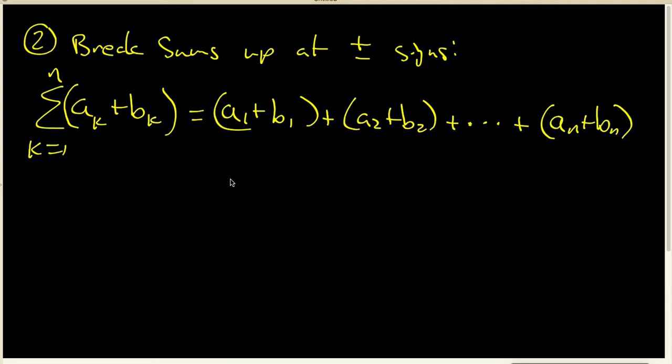Now, addition is both commutative and associative in the real numbers, so I can gather up all of the a's first, and then I can gather up all of the b's.